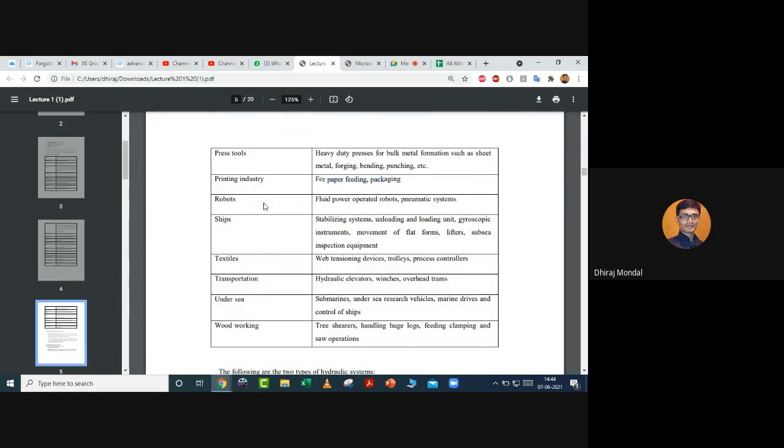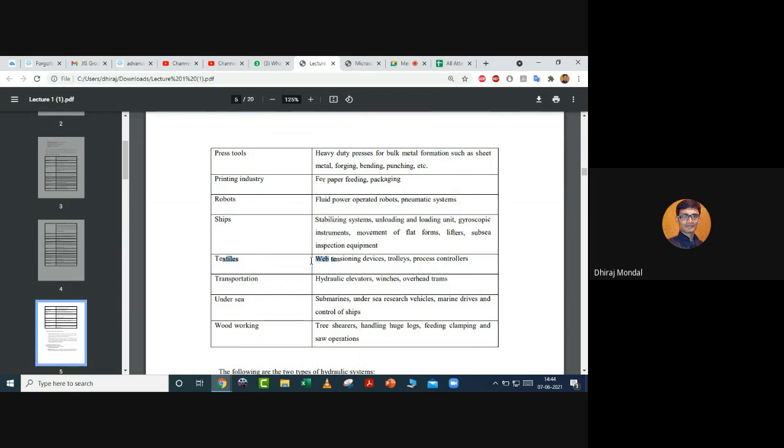Robots, fluid power operated robots, pneumatic systems in your lab also, robotics. Ships: stabilizing systems, unloading and loading units, gyroscopic instruments, movement of platforms, lifters, subsea inspection equipment.